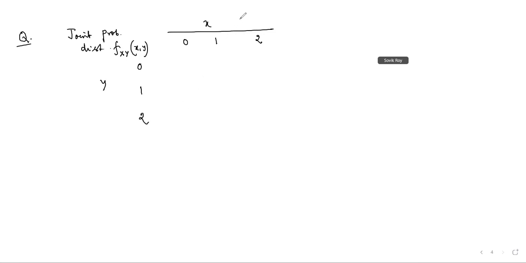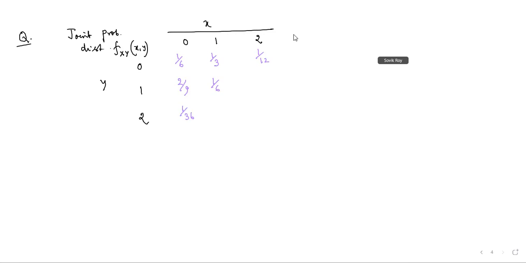Suppose the probabilities are 1/6, 1/3, 1/12. Here the probabilities are 2/9, 1/6, and here the probability is 1/36. Suppose the probability is like this.